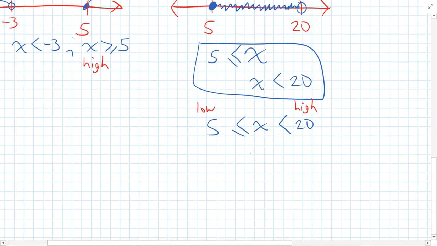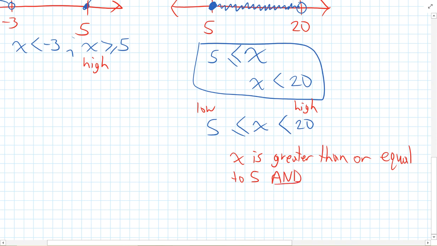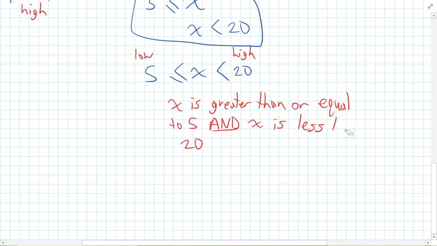We can read it as x is greater than or equal to 5, and x is less than 20. So we have x is greater than or equal to 5, and also the same thing, x is less than 20.